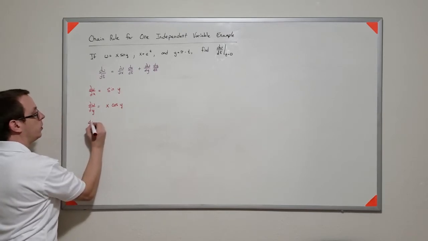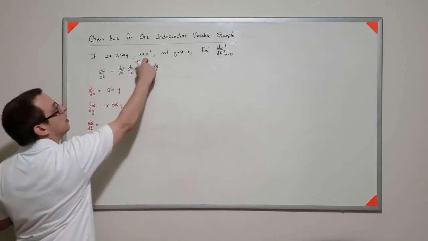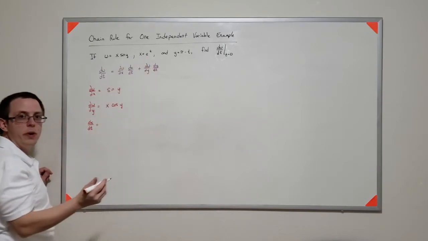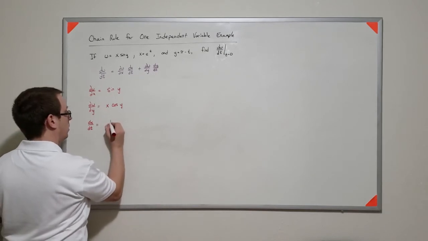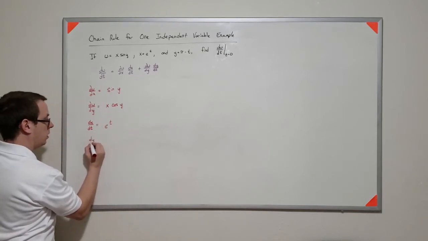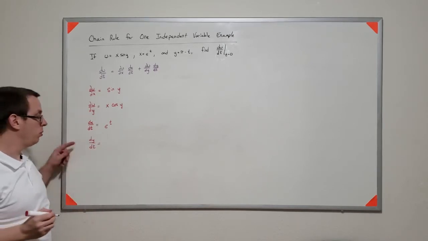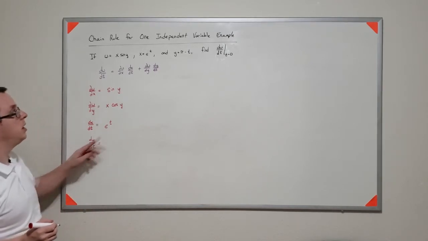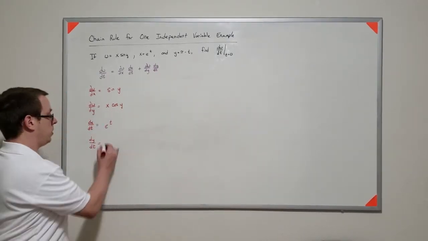And then the derivative of x with respect to t is here. The derivative of e to the t is e to the t. And the derivative of y with respect to t, pi derives to 0, negative t derives to negative 1.